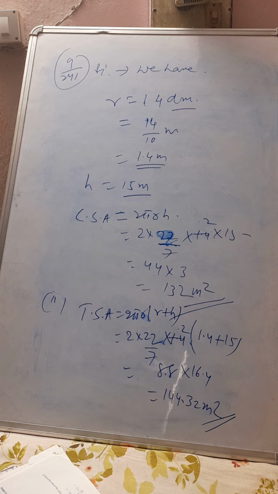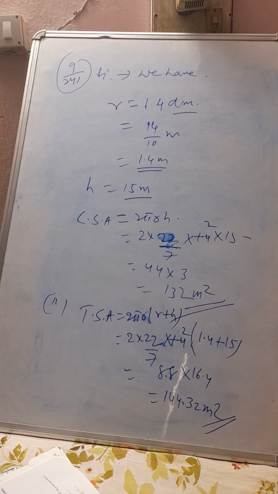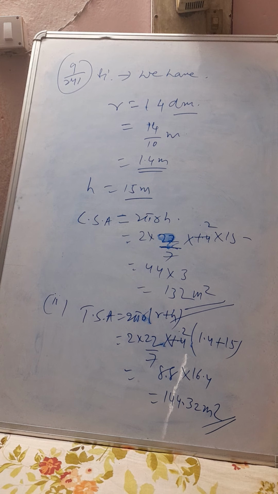Have any doubt in it? Yes. That is your answer. It is given in the question that the radius of the base of a right circular cylinder is 14 decimeter and its height is 15 meter.